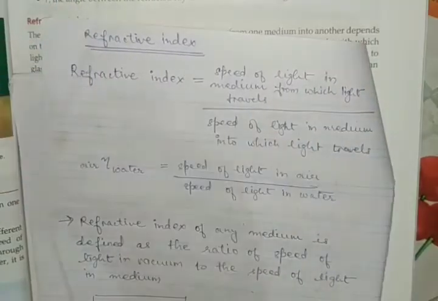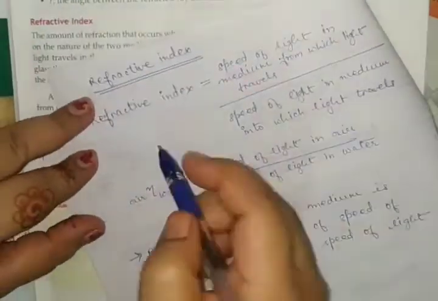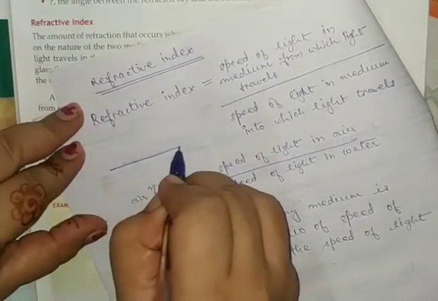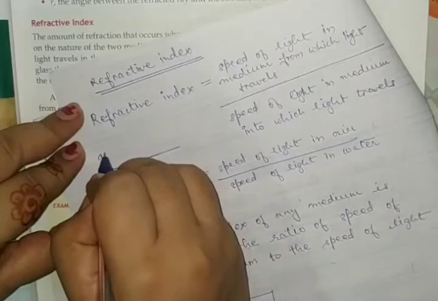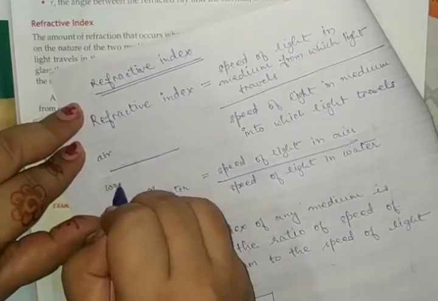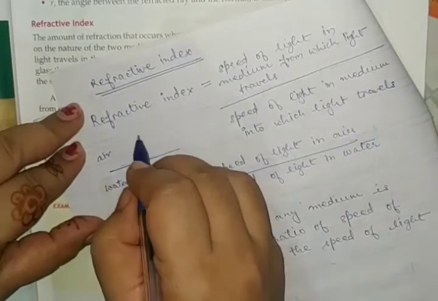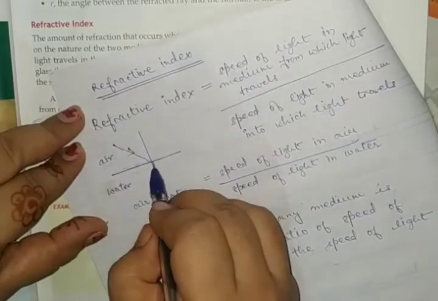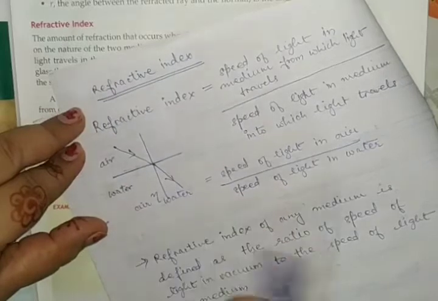So for example, see, suppose this is a surface, above it was air and below it was water, and this is the normal. Light is traveling, coming like this, and when it enters water, suppose it bends like this.